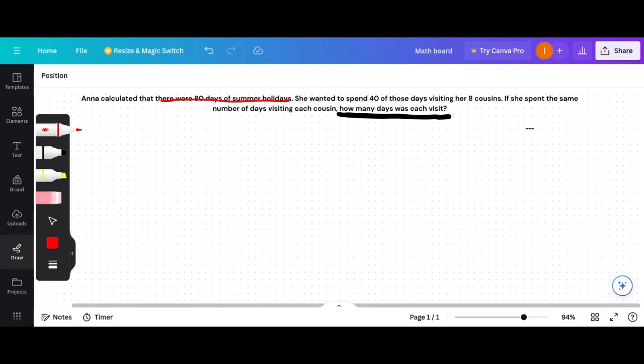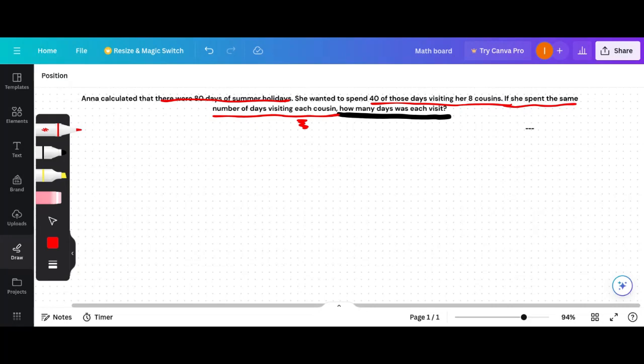So now we have she wanted to spend 40 of those days with her 8 cousins. And we're just going to highlight this part: if she spent the same number of days visiting each cousin. So another word to look out for is each. Each is division. Whenever you hear the word each, you automatically think of division.